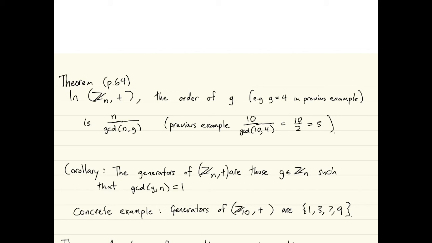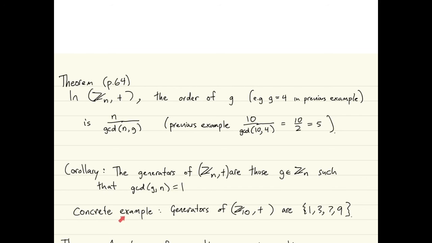A corollary of this theorem is that the generators of Z mod nZ, with again addition as a group operation, are those elements in the group such that the GCD of g and n is equal to 1. Because when the GCD of g and n is equal to 1, this denominator becomes a 1, and then the order of g becomes just n, and so then you generate the entire group.